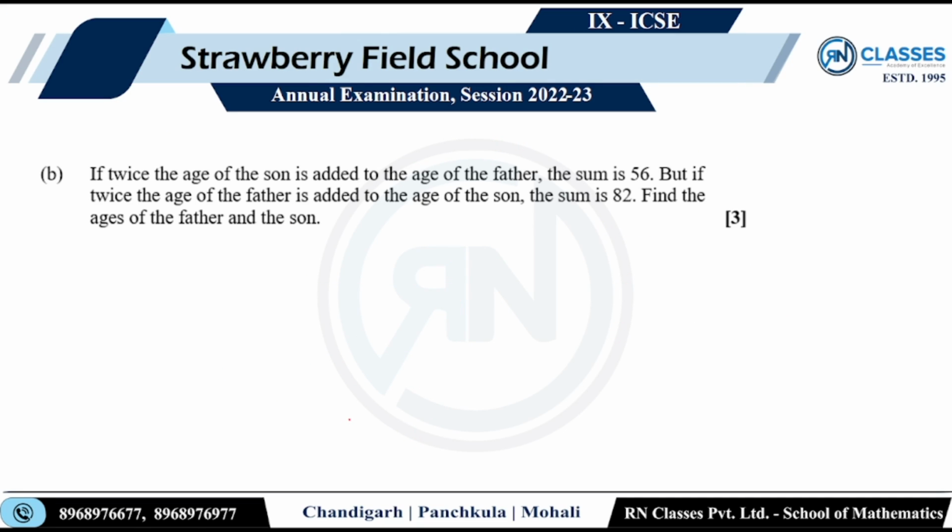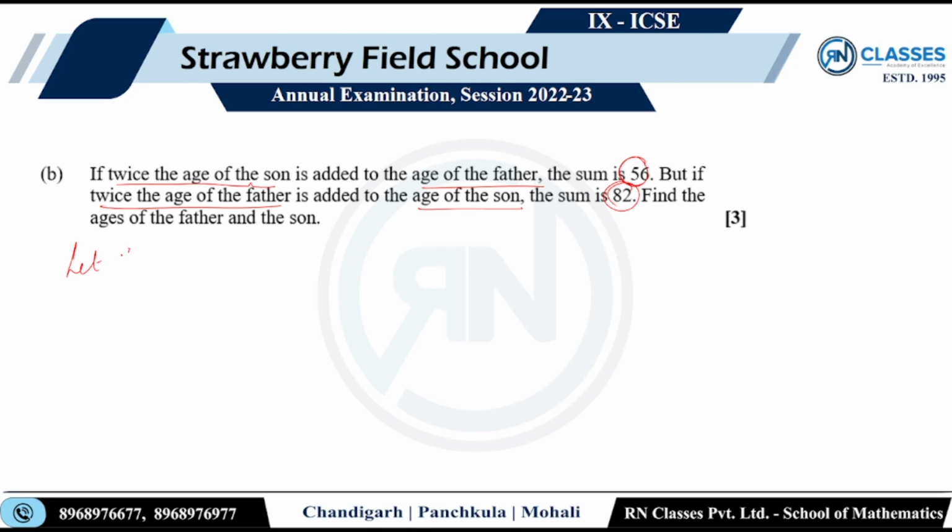Next part. Twice the age of son is added to the age of father. Sum is 56. Twice the age of father is added to the age of son. Sum is 82. Find the ages of father and son. So, मैं सबसे पहले start करता हूं.